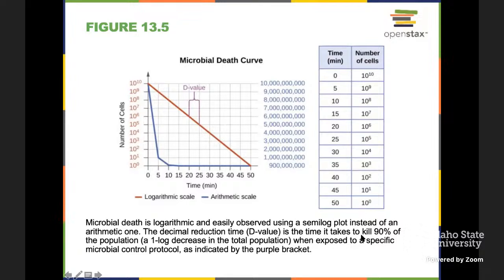All right, so we look at this D value as we move through here, one little square within this. This is the time it takes to kill 90% of the population, a 1 log decrease. So going from here to there, right, and from here to there. And that's what we're looking at here, 5 minute intervals as we're moving down.